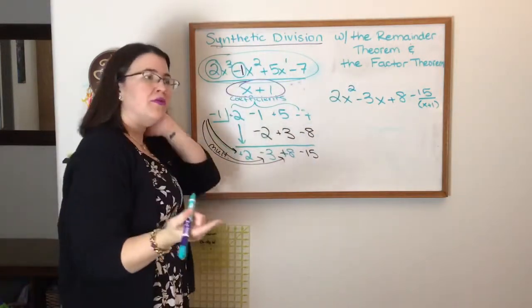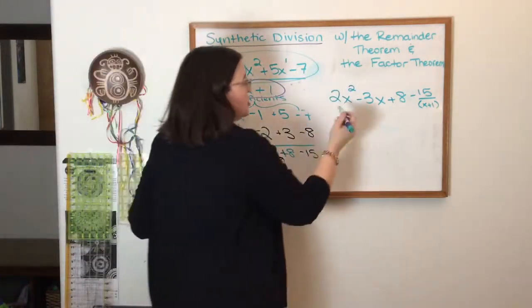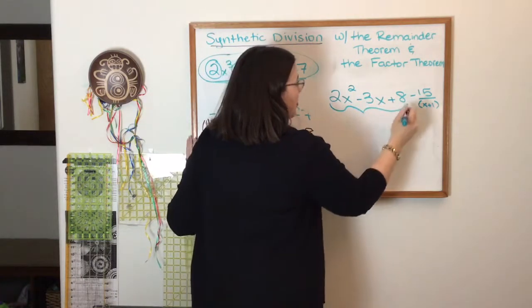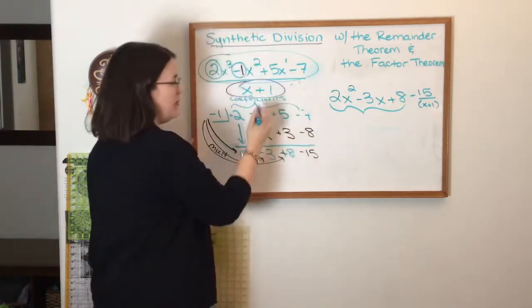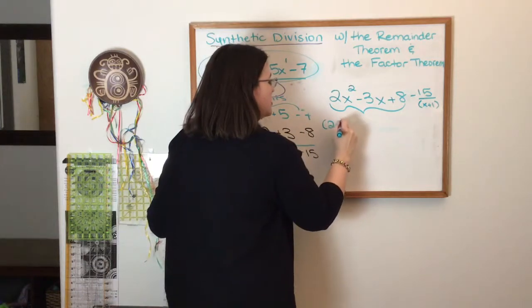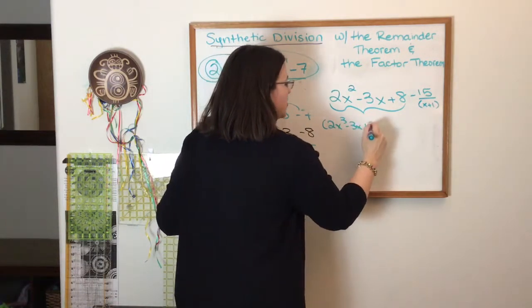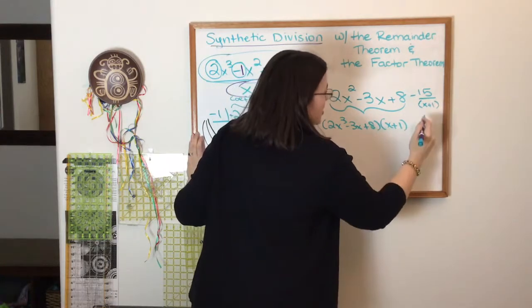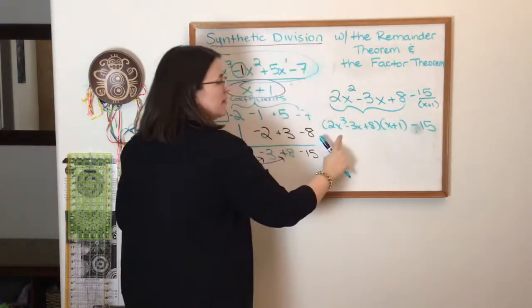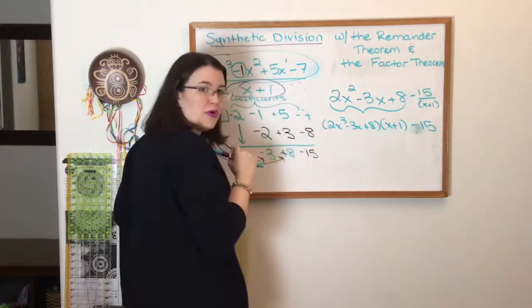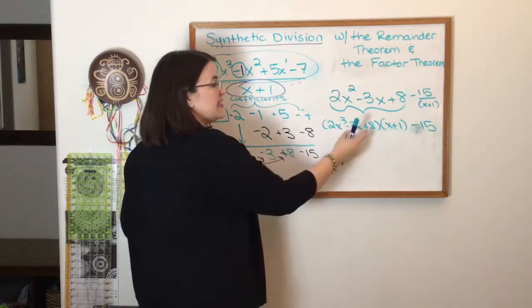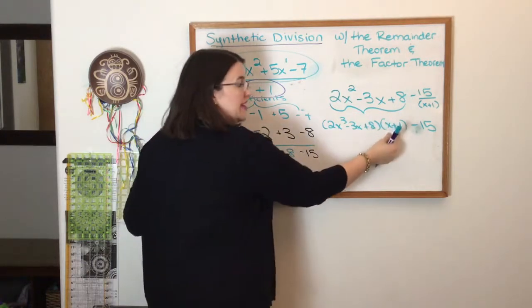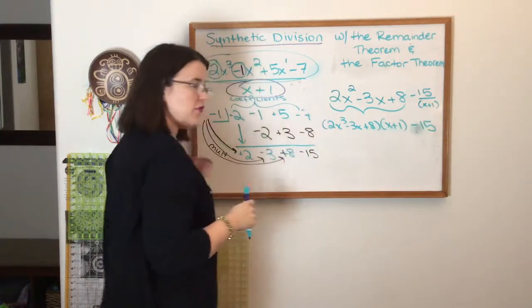Now, what the remainder theorem says is you can take this part here times what you divided by. So you would say, okay, 2x squared minus 3x plus 8 times x plus 1 minus the remainder. They just call that the remainder form. What it does is it says this is the answer I got after I divided by this, and this is what was left over.